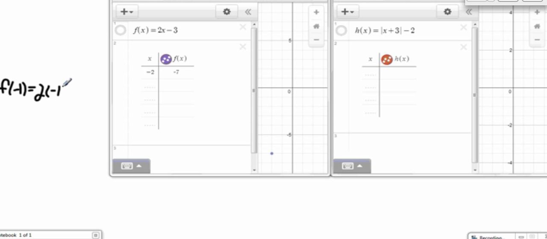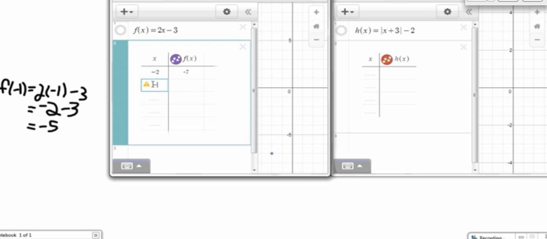So it would be 2 times -1 minus 3, which is -2 minus 3, which is -5. Desmos agrees, and there's the other point.